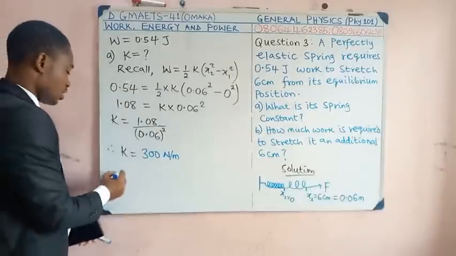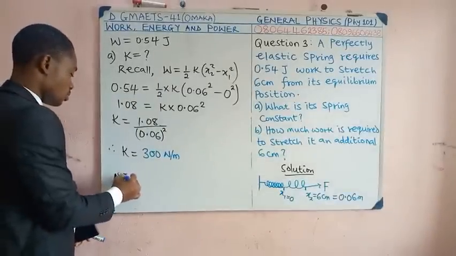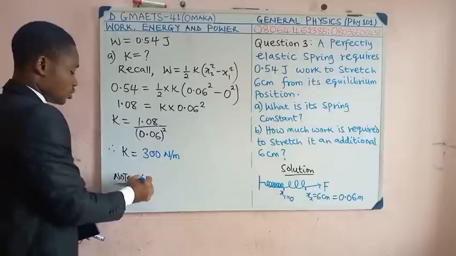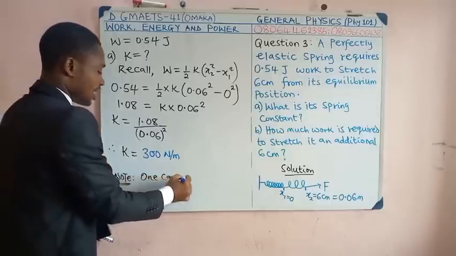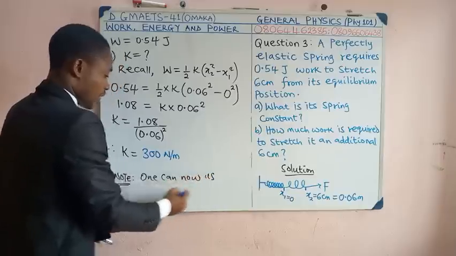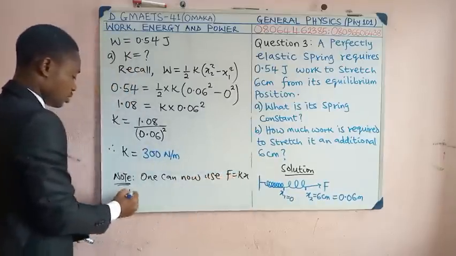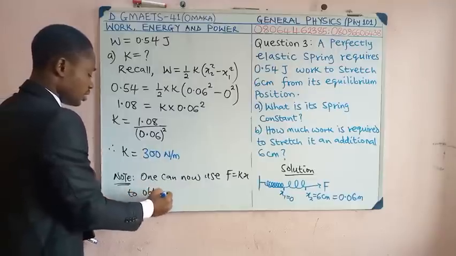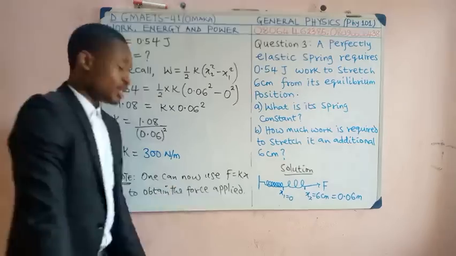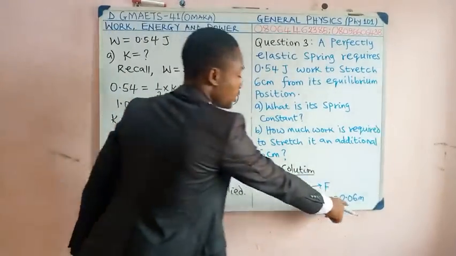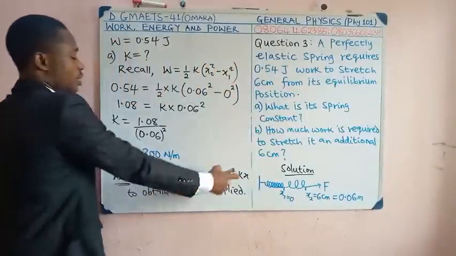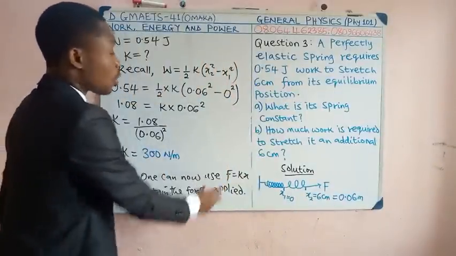Note, one can now use F equal to kx to obtain the force applied. Your x is 0.06 meters. Multiply by k, which is 300, and you get your force.